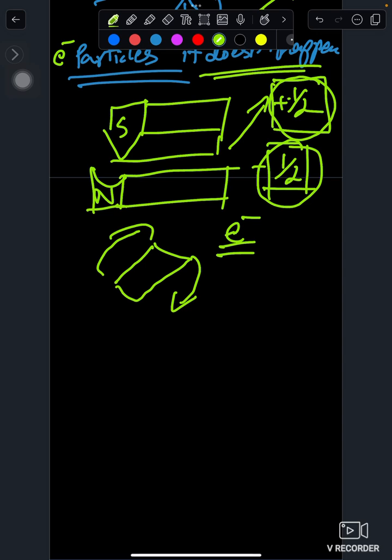What does it mean? Even if the magnetic field wants to twist the electron, it doesn't happen. Instead of rotating, it just changes its rotational axis, the way it's rotating.